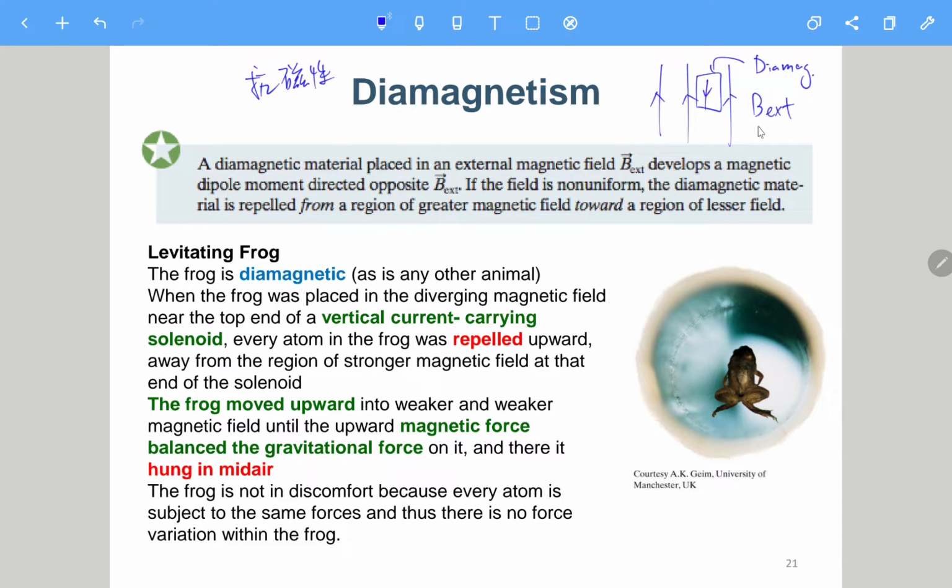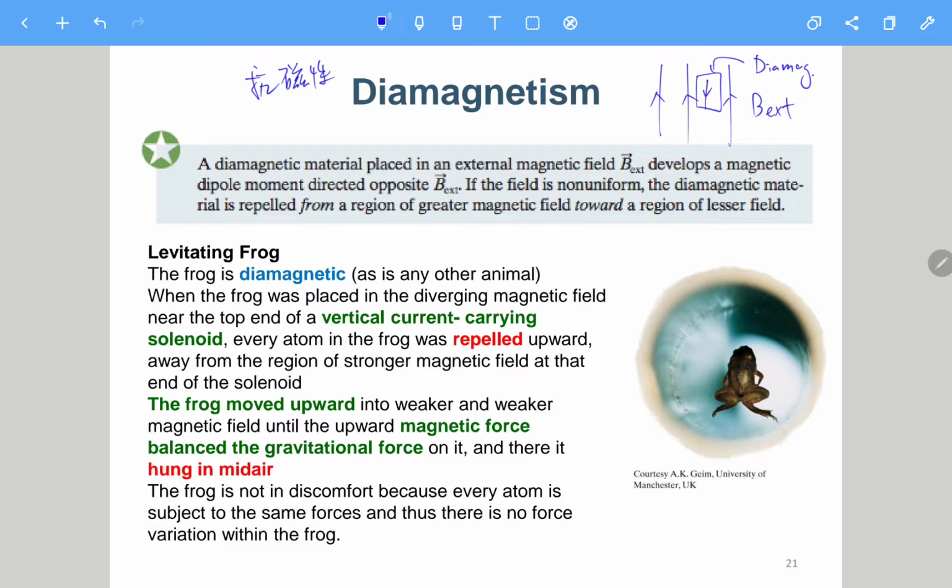If you still remember when we learned the capacitor in chapter 25, we learned the dielectric. At that time, if a dielectric is placed without any electric field, then it will generate nothing. All the dipole moments will be aligned randomly, so the total E field generated by the dielectric material will be zero.